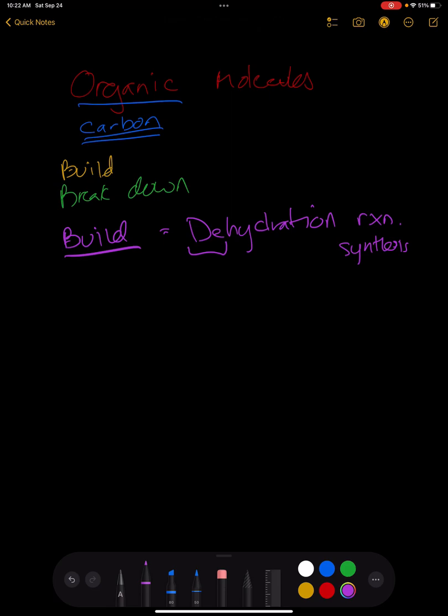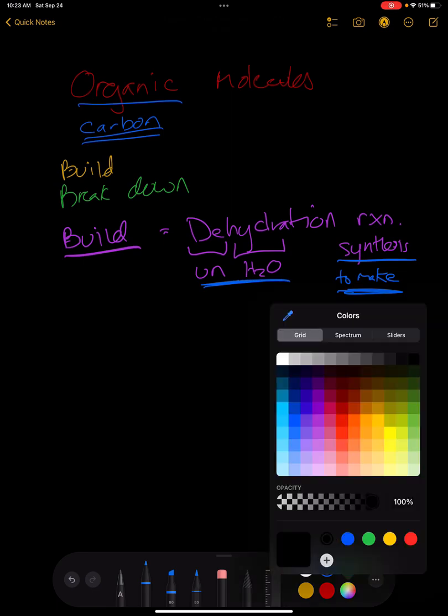De means un or not, and hydrate is referring to water. And synthesis means to make. So what I'm going to do today is make something by undoing water inside, in the roughest translation we can do.